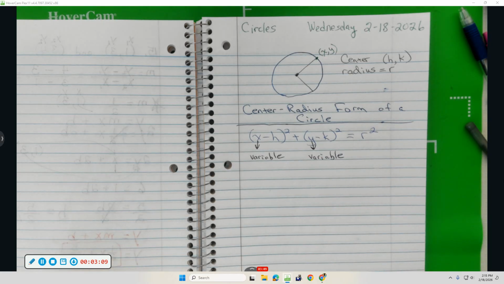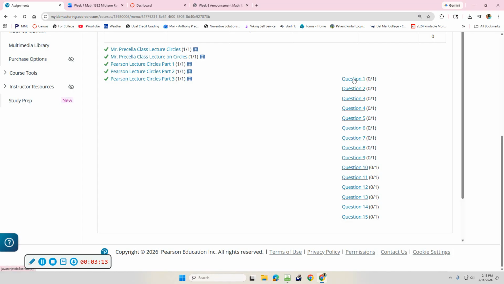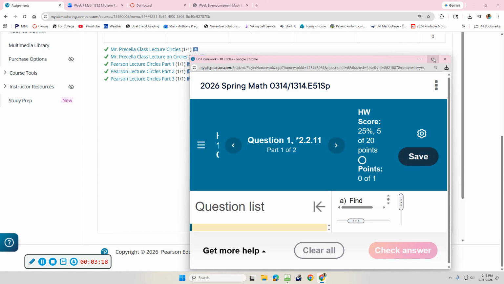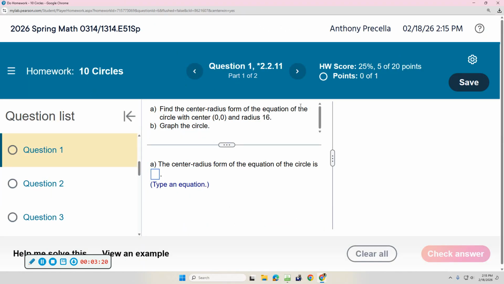When we look at problem number 1, it says to find the center radius form of the equation of a circle with the center at the origin, (h, k), and radius 16.